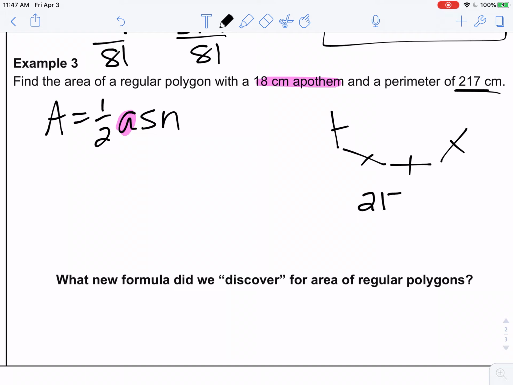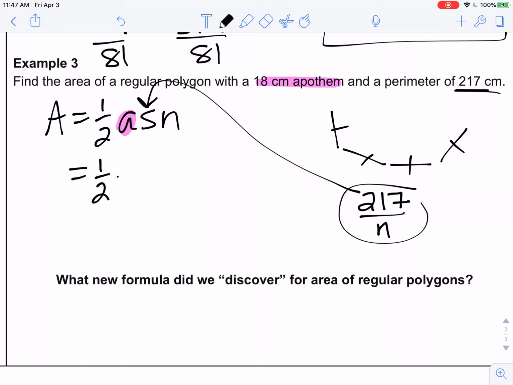If I want to figure out the length of each side, I would divide by how many sides there are. That's n. My perimeter divided by the number of sides is going to be the length of each side. So I'm going to plug this in for S. So 1/2 times the apothem, which is 18. The length of each side we don't know exactly, but it's 217 divided by n.